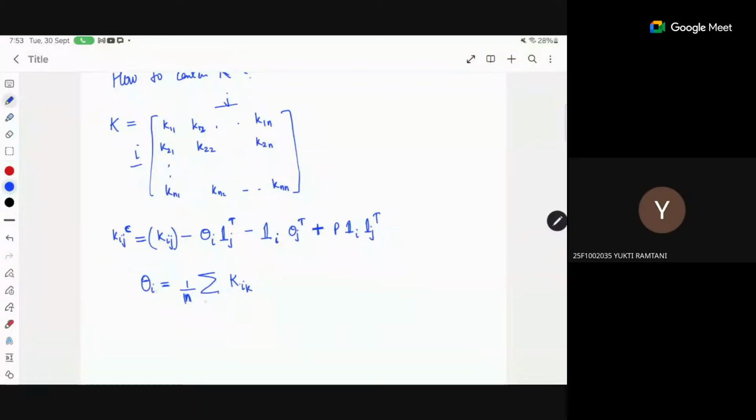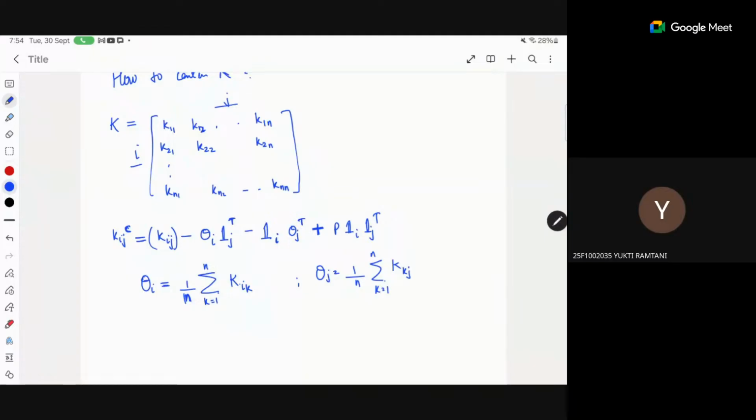We are interested in theta of i, and k should vary from 1 to n. Similarly, you do theta of j. Theta of j would be 1 upon n sum over k of kj, where k is varying from 1 to n.